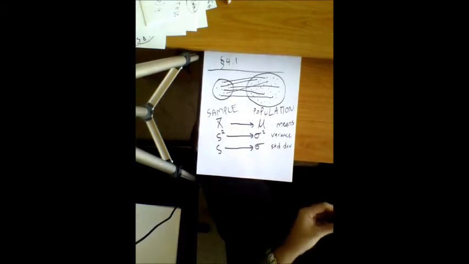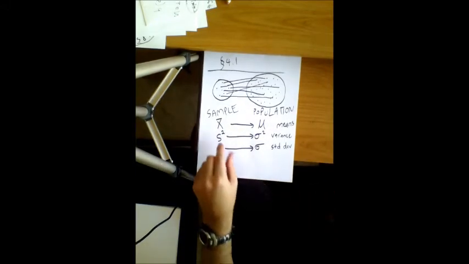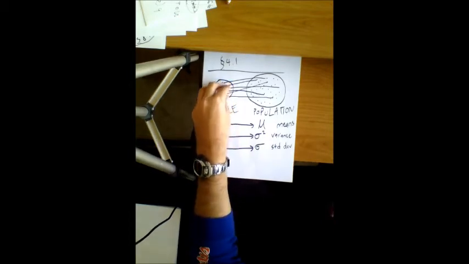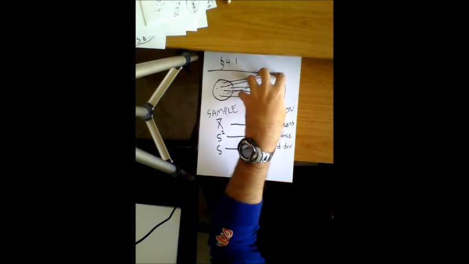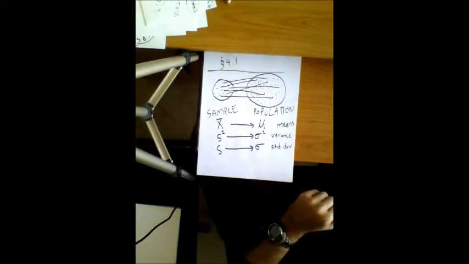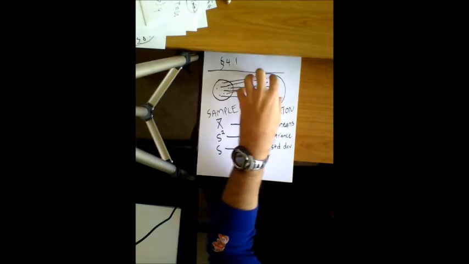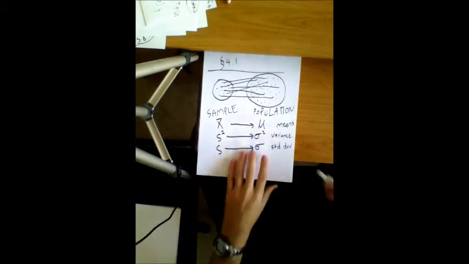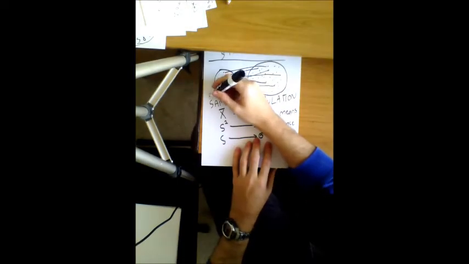And we have similar approaches as far as variance is concerned. We can take the variance of this sample and use it to project what we think the population variance is, and similarly with the standard deviation. So we do call these things point estimates.